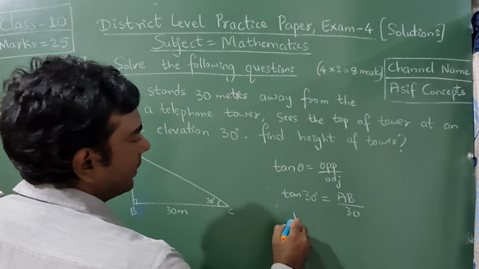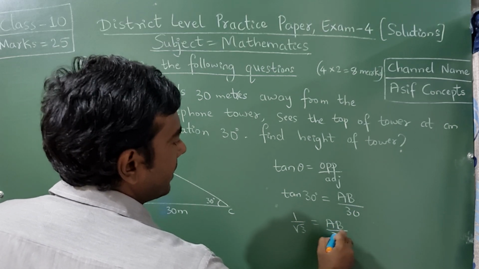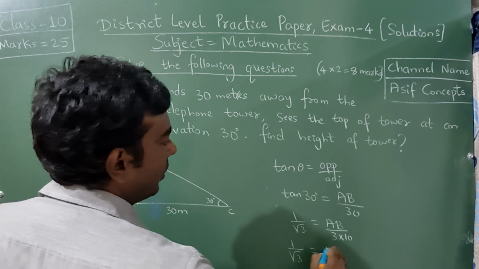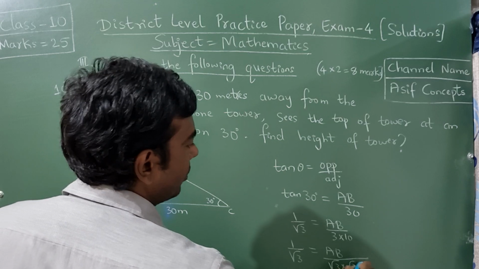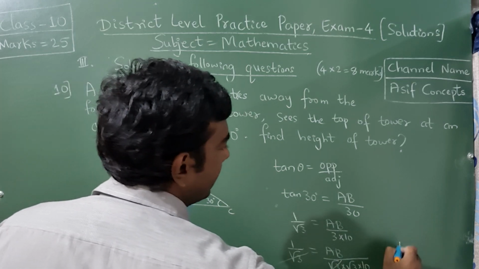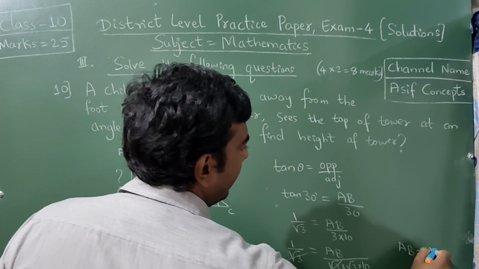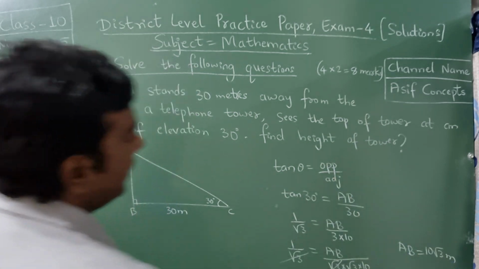So tan 30 is 1 by root 3. 30 can be written as 3 into 10. So 1 by root 3 is equal to AB by 3 into 10. 3 can be written as root 3 into root 3 into 10. Root 3 and root 3 get cancelled. So AB is equal to, if you multiply this, you will get 10 root 3 meters. So the height of the tower is 10 root 3 meters.